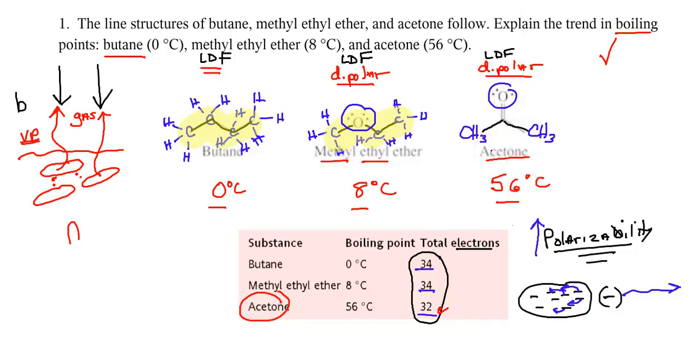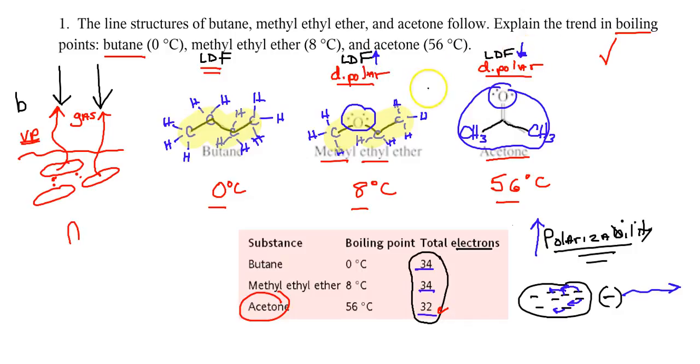So let's look at the shape. Acetone is more circular, or branched, than this. So its LDF forces are probably going to be weaker than the LDF forces of methyl ethyl ether. You're like, what? Yeah, probably.